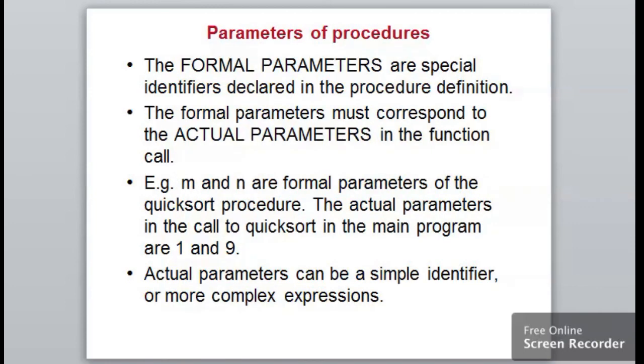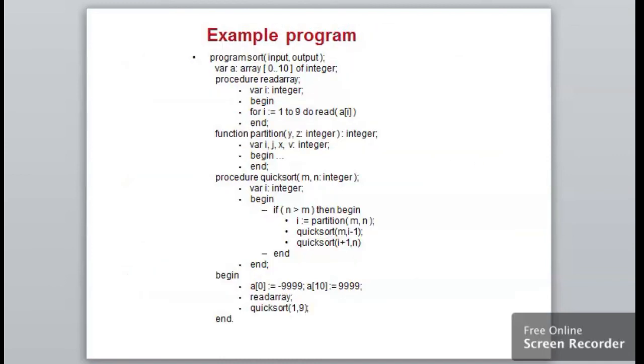Apart from that, we have seen the basic parameters used in a procedure, that is the formal parameters and the actual parameters. An example we have also seen: m, n are the formal parameters and m and n are the actual parameters.